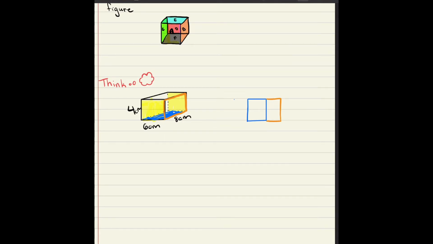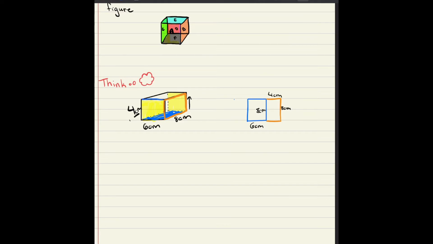So my first shape measurements were 6 centimeters and 8 centimeters. My next shape, the side here is still 8 centimeters, but the height is 4 centimeters because I'm going up. So this is 4 centimeters.